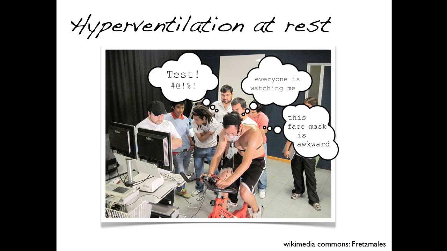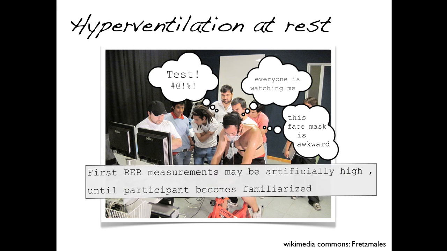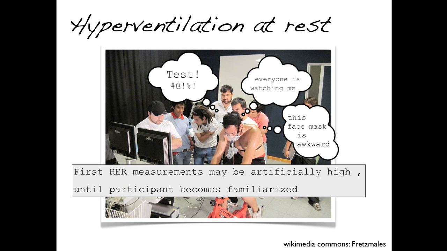In addition, the face masks and the nose plugs and the whole getup that you put on participants is a little awkward. And so what you'll often see is that at the onset of the test, the first RER measurements may be artificially high. Then over time, as the participant becomes familiarized, RER will approximate what you would expect. When I put a face mask or nose plug on someone, we'll often see RERs of 0.85, 0.9.